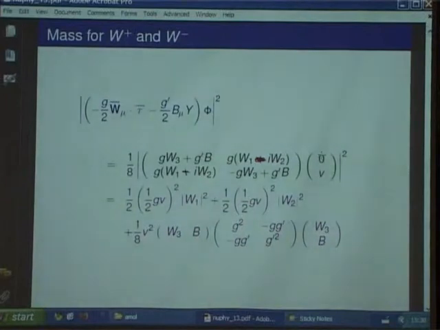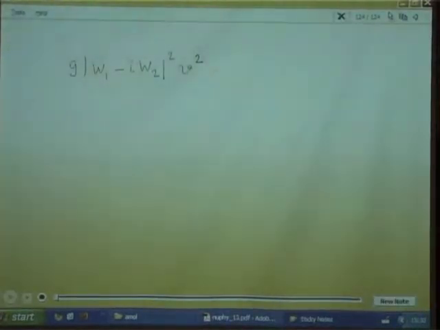This is what this term is. Then the second is this. Again, this will give me 0, and this will give me minus gW3 plus g prime B, mod square. So plus minus g prime B plus gW3, mod square.